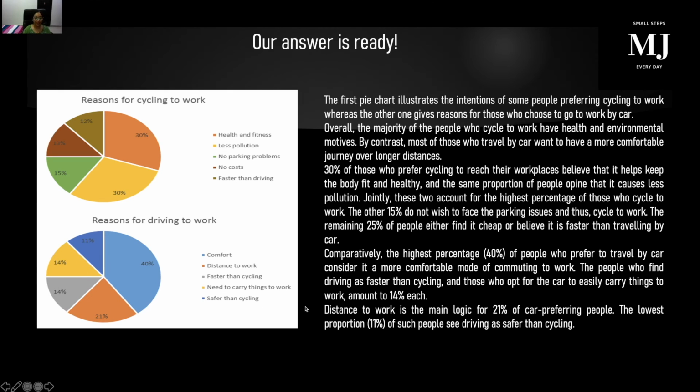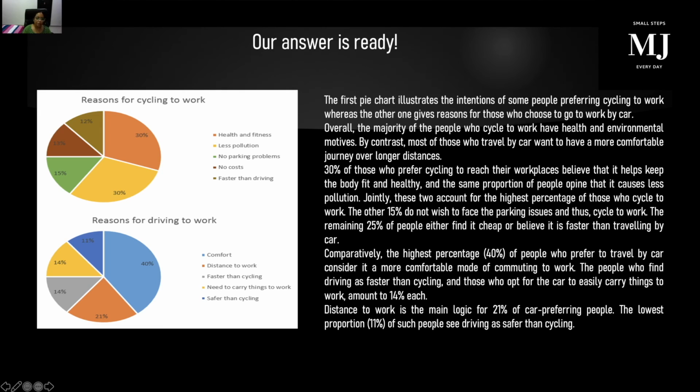Okay? Then, distance to work is the main logic for 21% of car preferring people. Car preferring, well hyphenated. 21%, yes, 21% people believe that this is the main logic why I want to go to work by car. Okay?